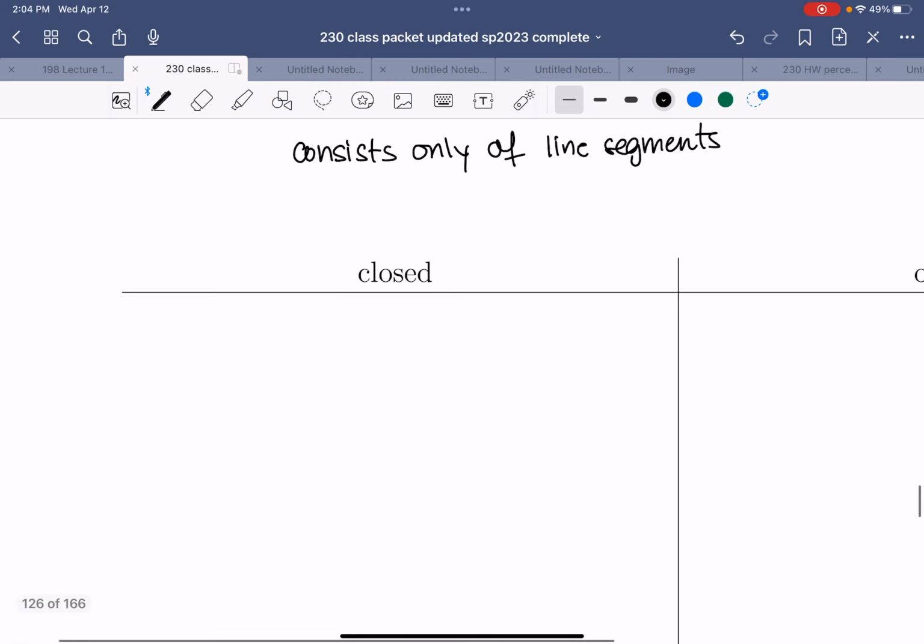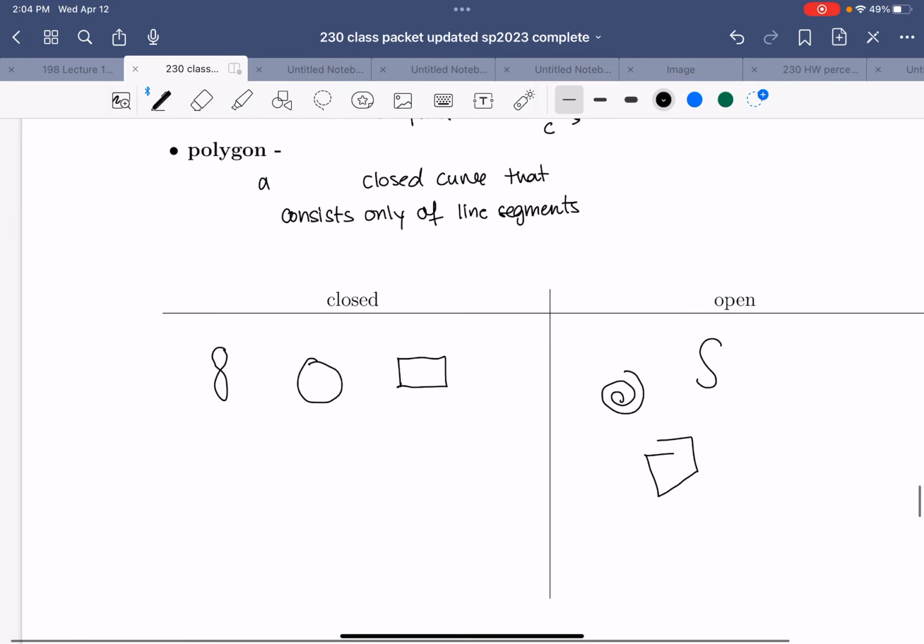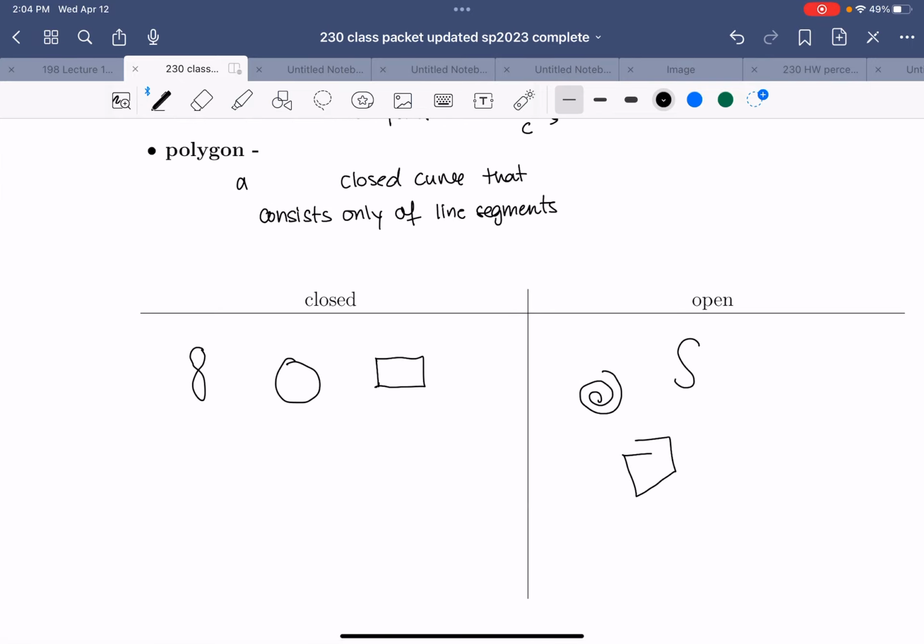So something that is closed, like a figure 8, would be closed. A circle is closed. A rectangle is closed. Something that is open, a curlicue, an S, something that looks like this, those things are open. So something that is closed ends where it began.